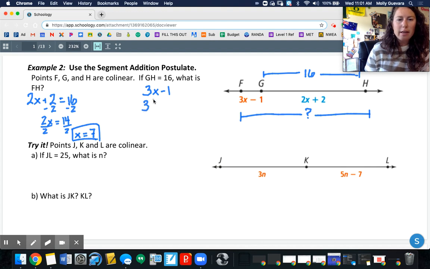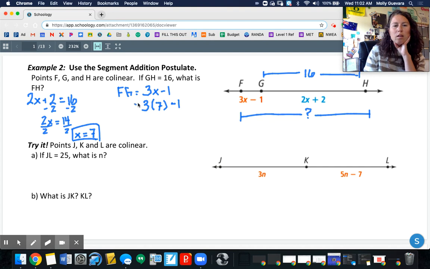So I can plug that back in, 3 times 7 minus 1, and solve this. This is FG that we're looking at.